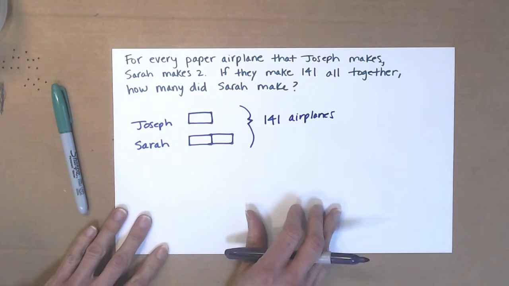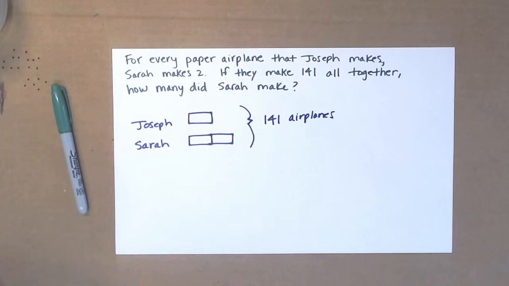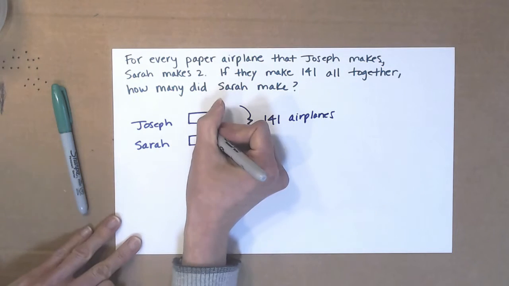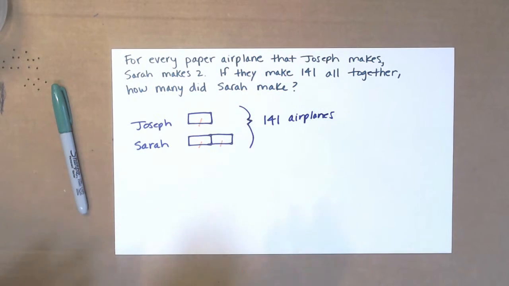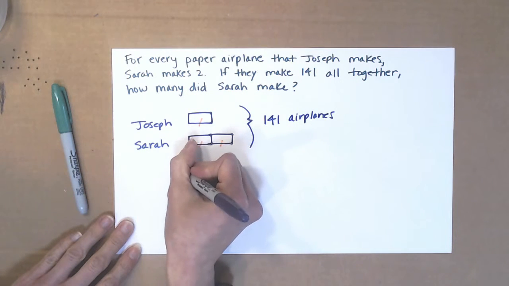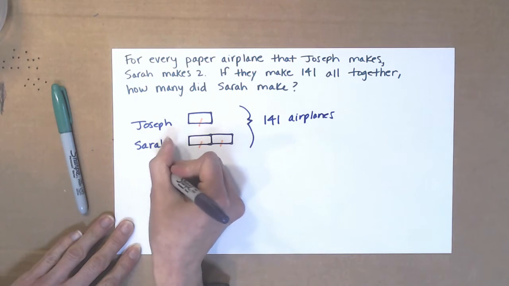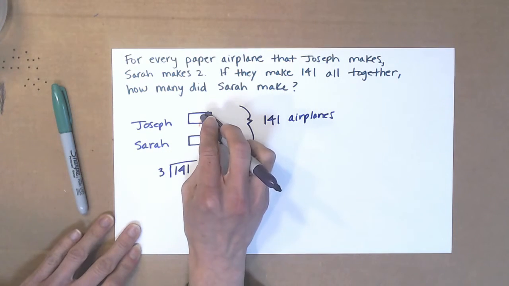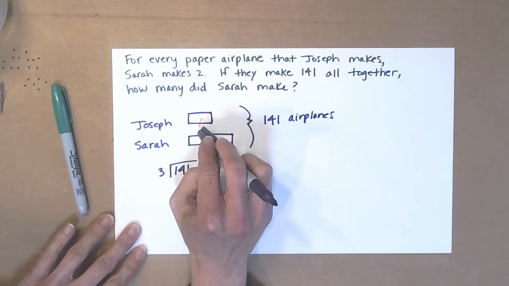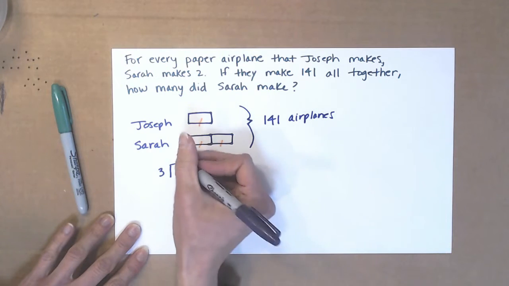Well, this is an equal parts problem again. Sometimes in equal parts problems, we use little hash marks there to show that those are all equal. So we have 3 equal parts, and they all add up to 141. So if we take 141 and divide by 3, we should get how many airplanes each of these parts represents.